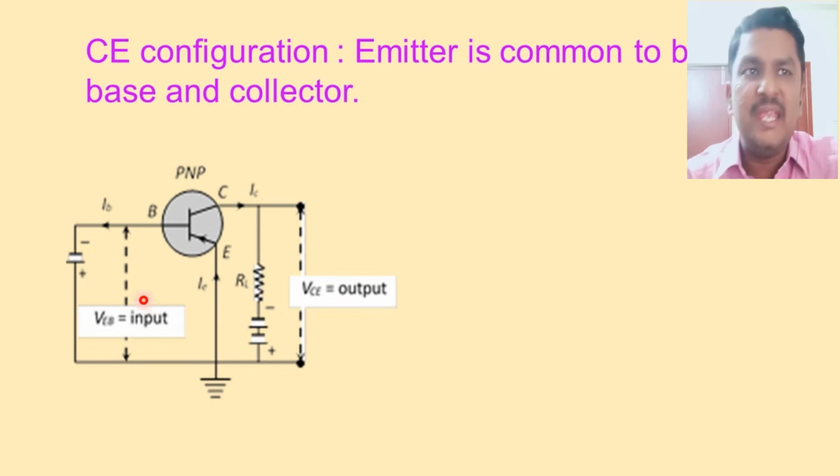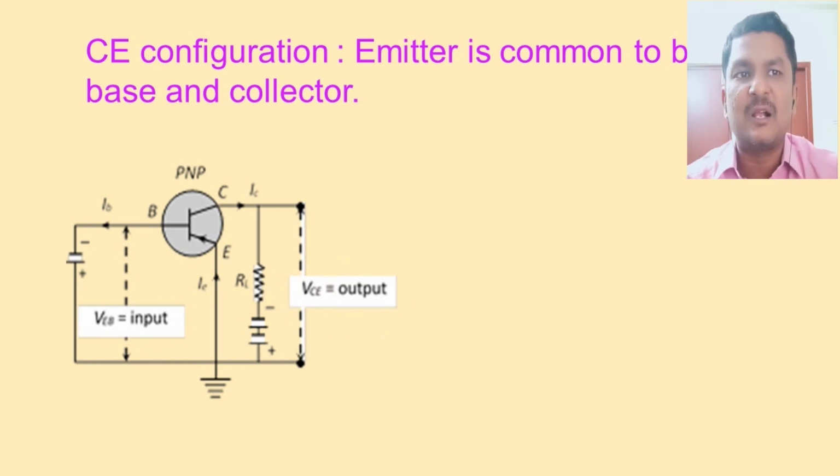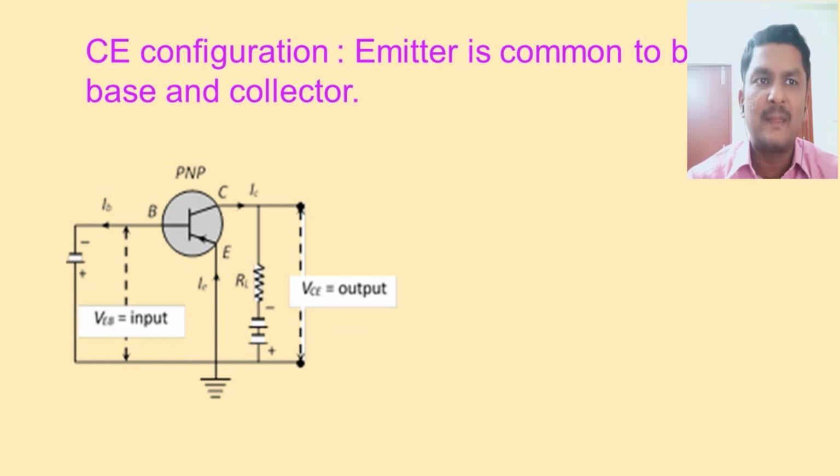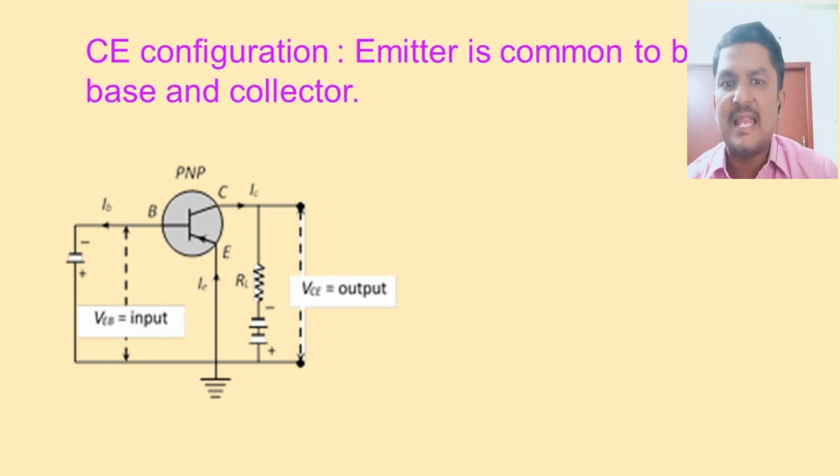Input is observed across base and emitter, this is VEB. This is input, and output is VCE. This is common emitter configuration. In detail we will discuss later.